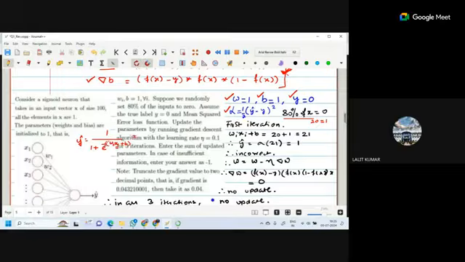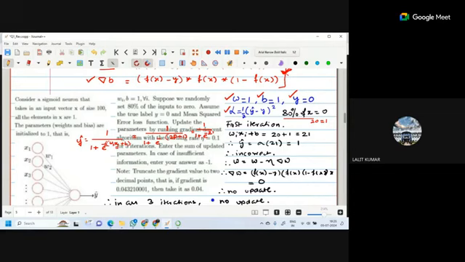So this will become 1 divided by 1 plus e to the power minus of w times x summed, so 20, plus the bias value 1. Sorry, 20 plus 1, so this will become 1 plus e to the power minus 21.